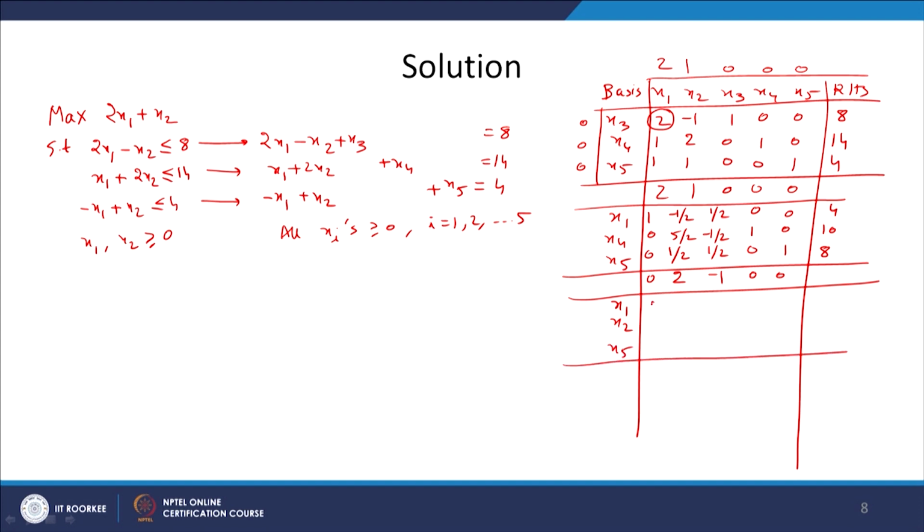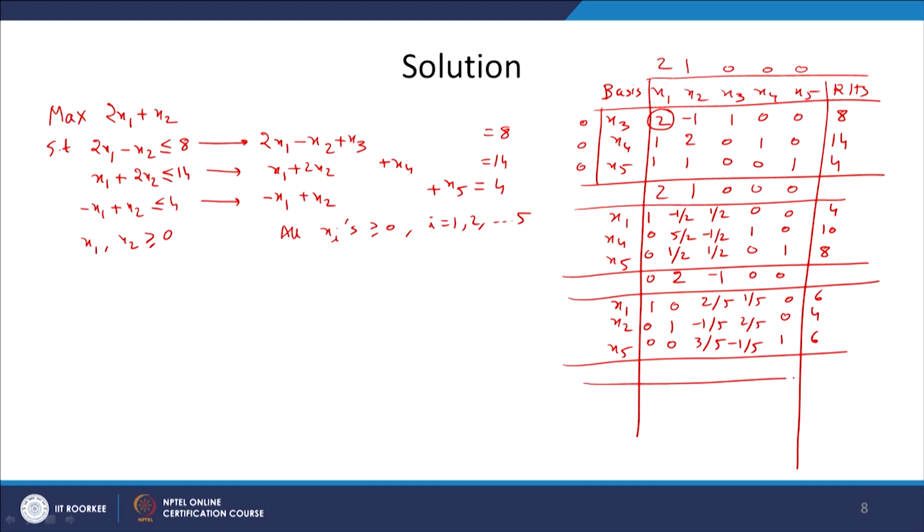Here the entries will be 1 0 0, 0 1 0, 2 by 5, minus 1 by 5, 3 by 5, 1 by 5, 2 by 5, minus 1 by 5, 0 0 1, and the right hand side will be 6 4 and 6.